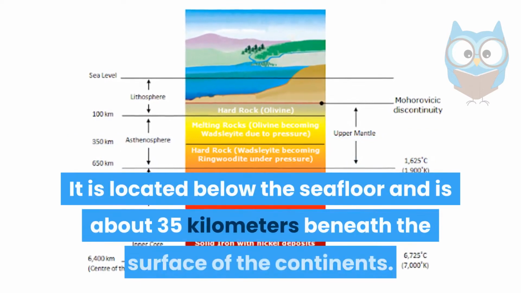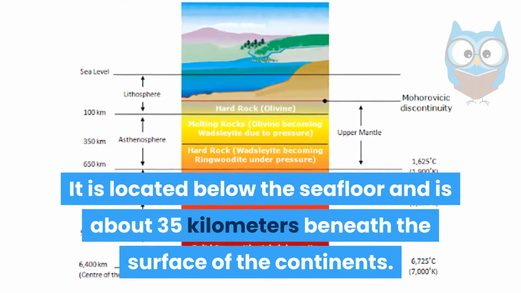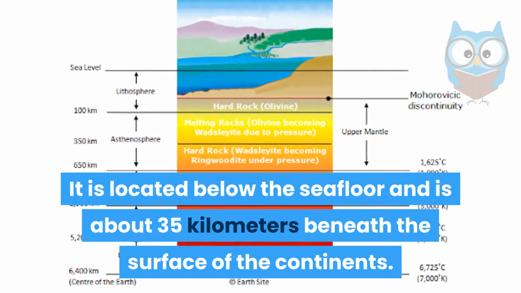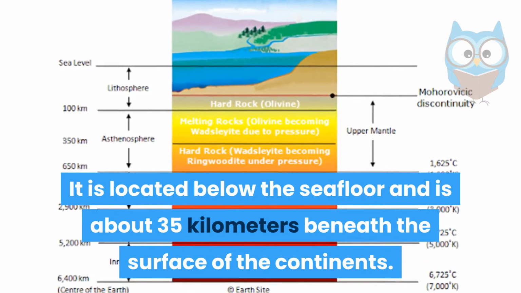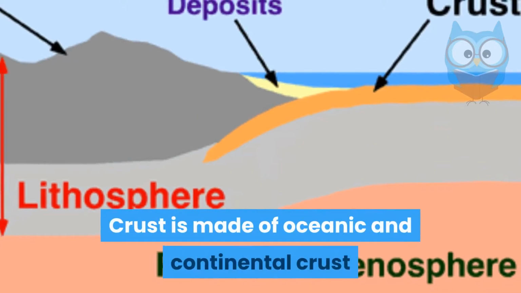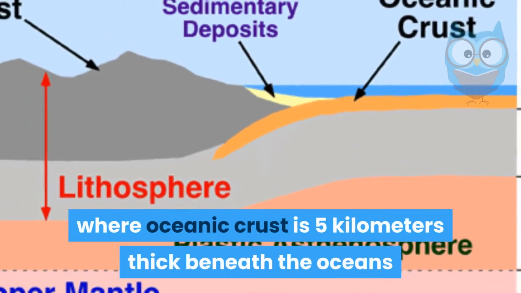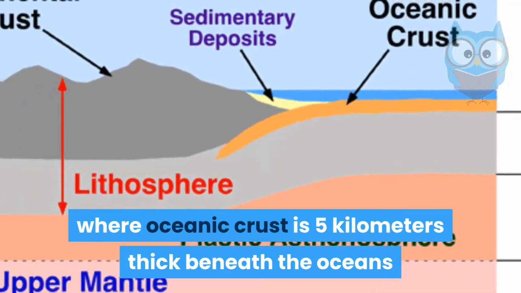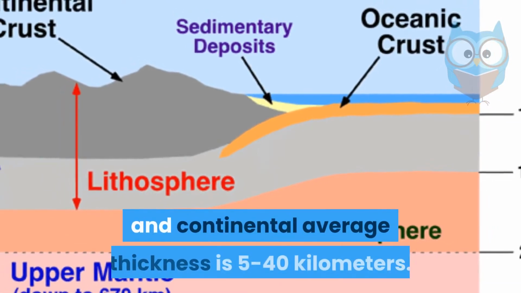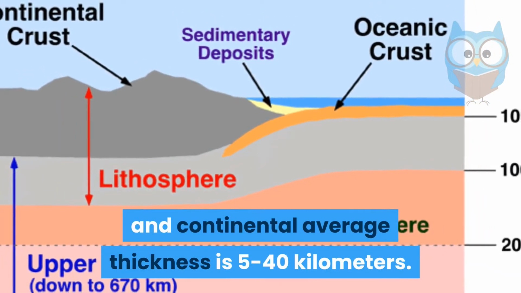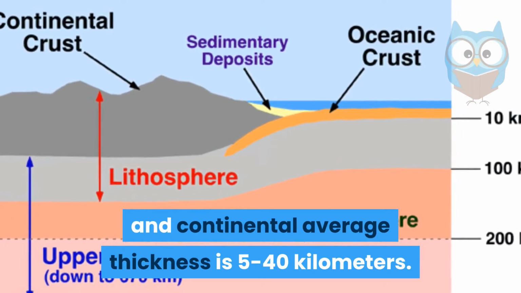It is located below the seafloor and is about 35 kilometers beneath the surface of the continents. Crust is made of oceanic and continental crust, where oceanic crust is 5 kilometers thick beneath the oceans and continental crust's average thickness is 5 to 40 kilometers.